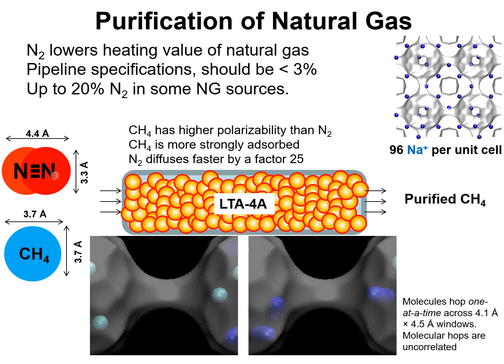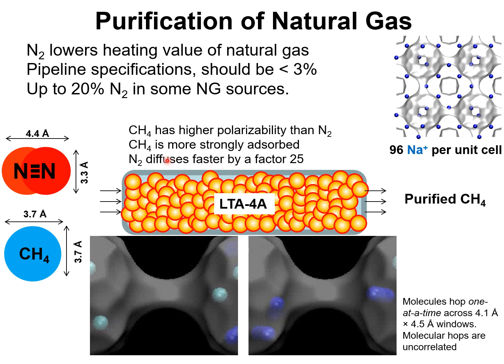Nitrogen, on the other hand, being a pencil-shaped molecule with a smaller cross-sectional dimension, is able to hop across the windows from one cage to the adjacent cage much more easily than methane.